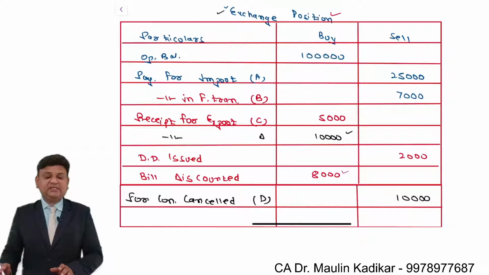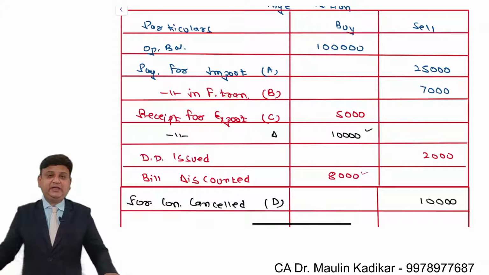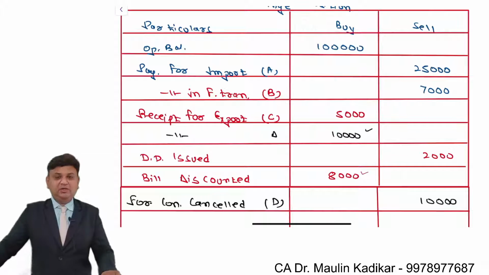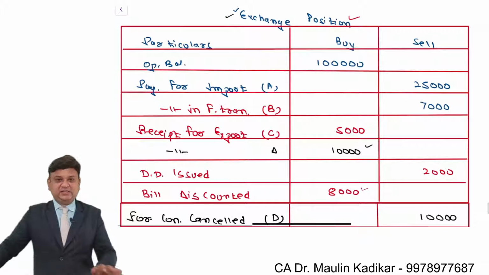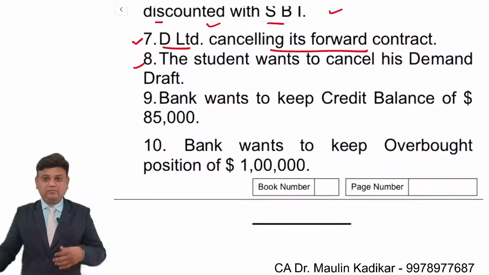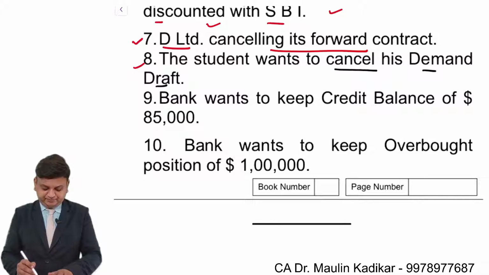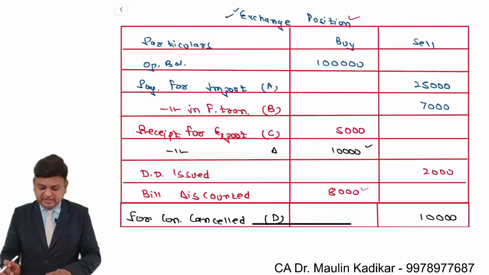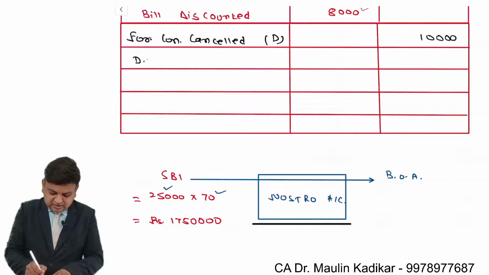Simply, we understand that it will have the effect on the opposite side, and so far it was not having any impact on the Nostro account, so it will have the effect only in the exchange position. Next, the student wants to cancel his draft. So again it is a similar transaction. DD cancelled.